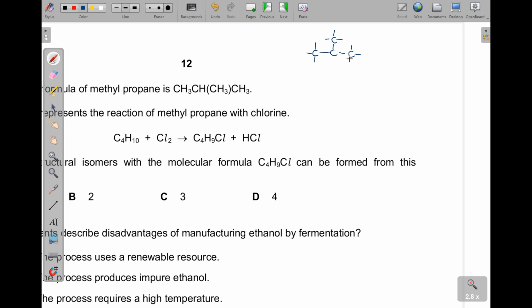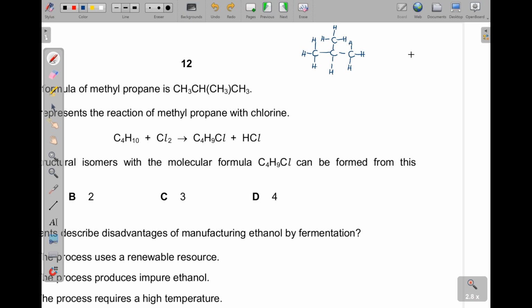Carbon is supposed to have 4 bonds, so there is a hydrogen here, here, here, and so on. When they react with chlorine, because it is a substitution reaction, the chlorine can take the position of any of the hydrogens.